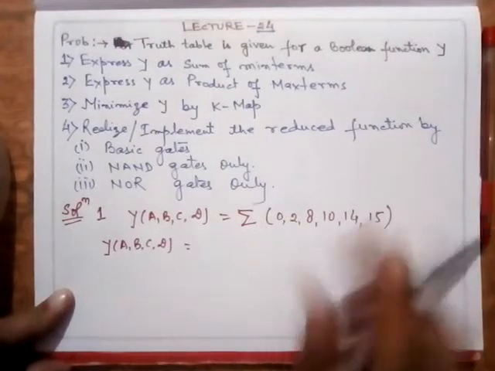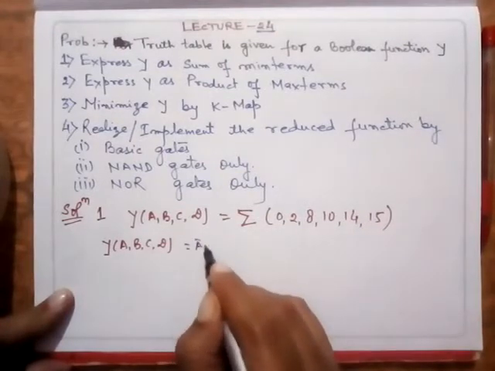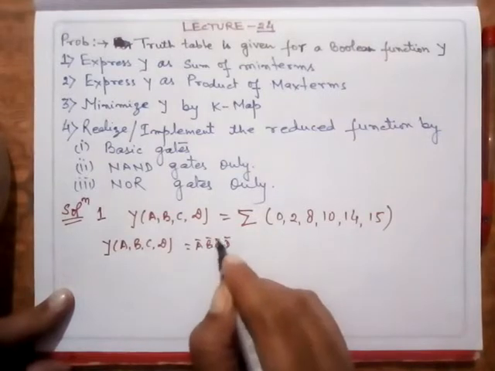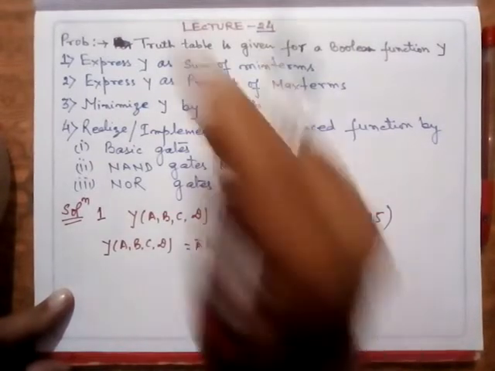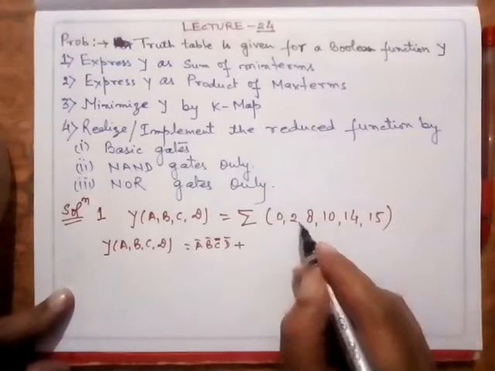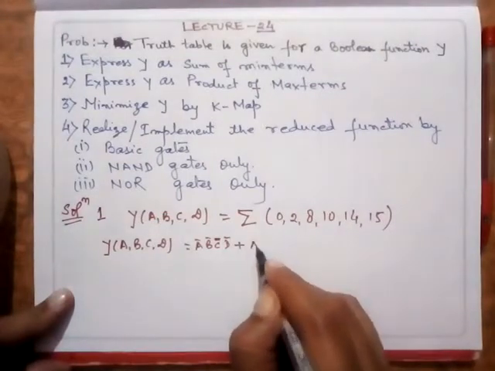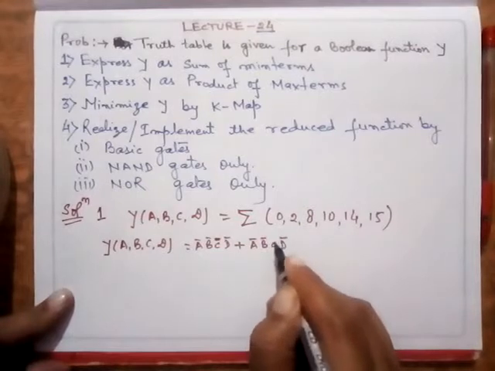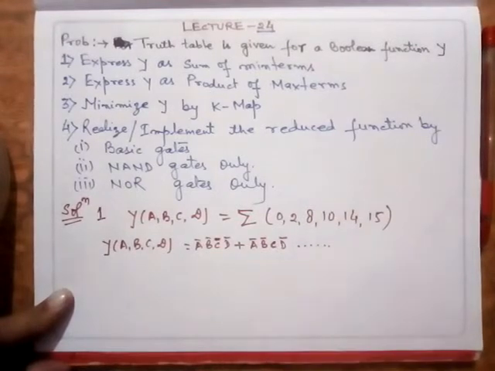As a sum of minterms, it is a bar, b bar, c bar, d bar, plus this will be 1 0 0 1 0, a bar, b bar, c, d bar, and so on. I am leaving this incomplete for you.